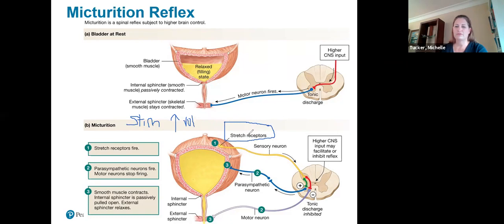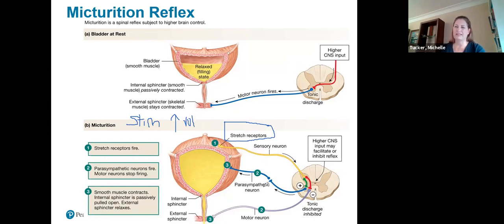When these stretch receptors sense an increase in volume, so they're mechanoreceptors, they get stretched, and there is an increase in action potentials that will be sent to these 2 centers, which are on the previous slide, activating the parasympathetic system, inactivating the sympathetic division.